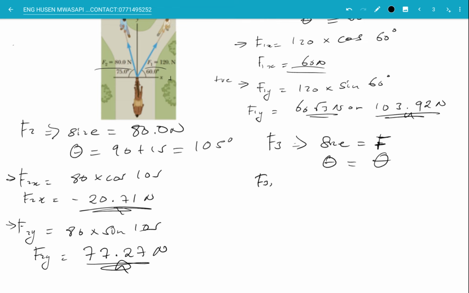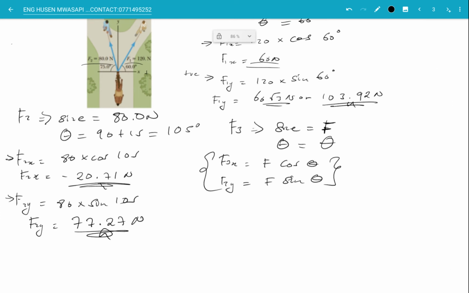So F3x is going to be equal to F cos theta. Then F3y is going to be equal to F sin theta, because this third force should also have its components.